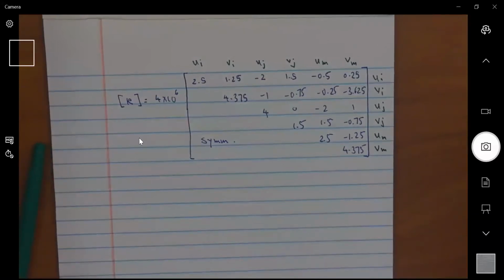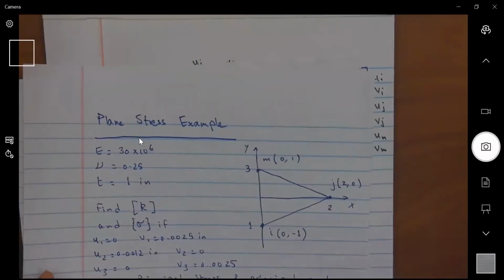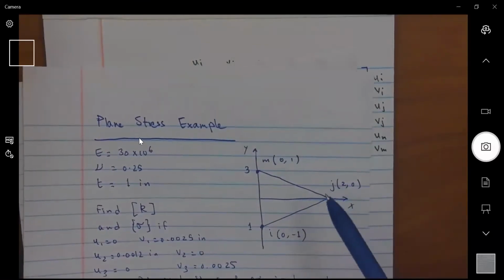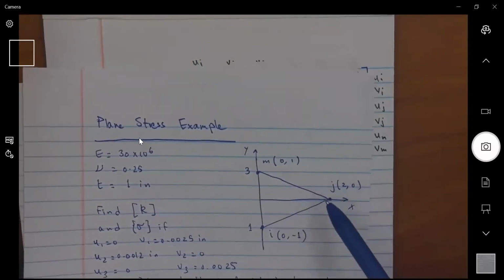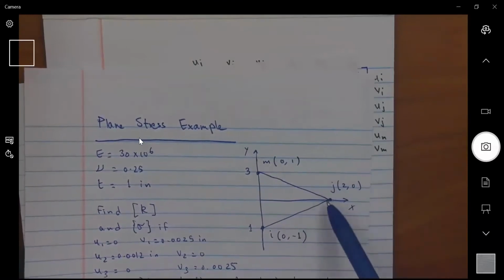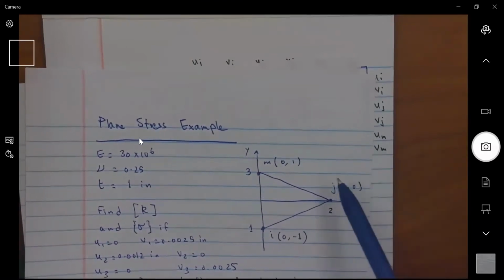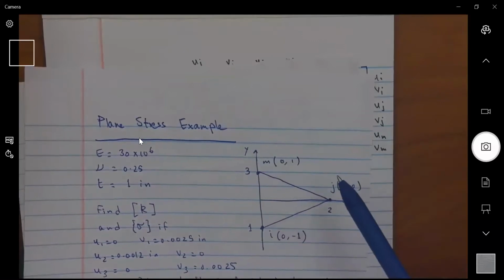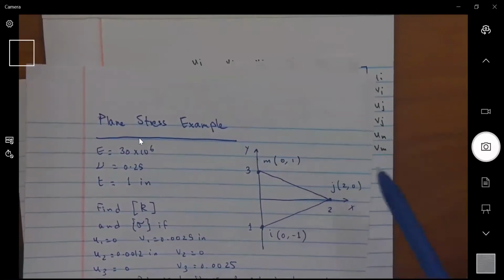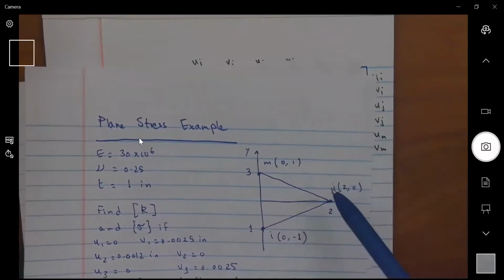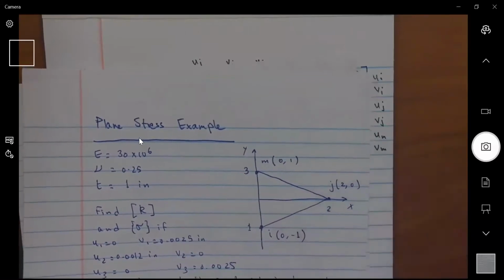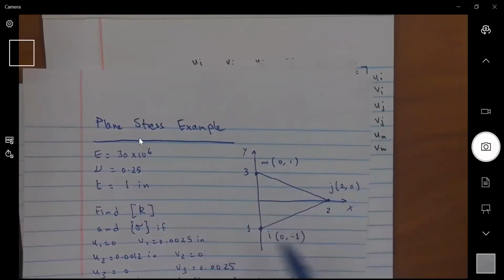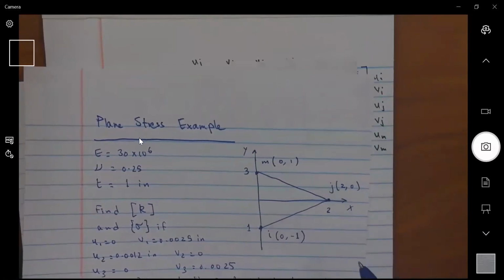I was going to ask about the orientation of the element. So would this be considered like a negative 90-degree rotation? Okay. The question is about the orientation of the element. Looking at this element, I don't really have a structure, so I don't have local and global coordinates. But should you be looking at a structure, typically we pick the horizontal and the vertical as the global axes.